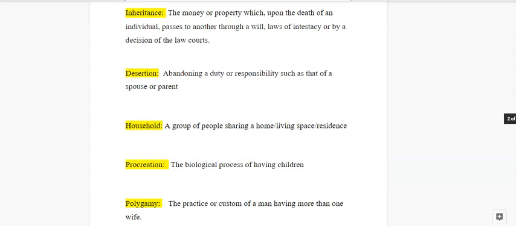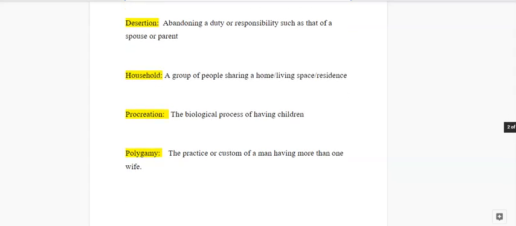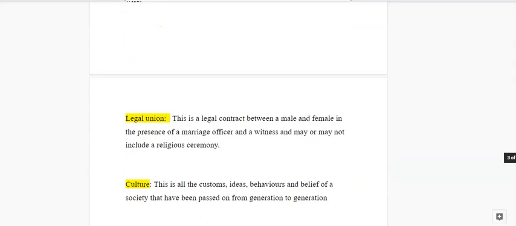Polygamy. Polygamy is a practice or custom of a man having more than one wife. Legal union. Legal union is a legal contract between a male and a female in the presence of a marriage officer and a witness, and may or may not include a religious ceremony.